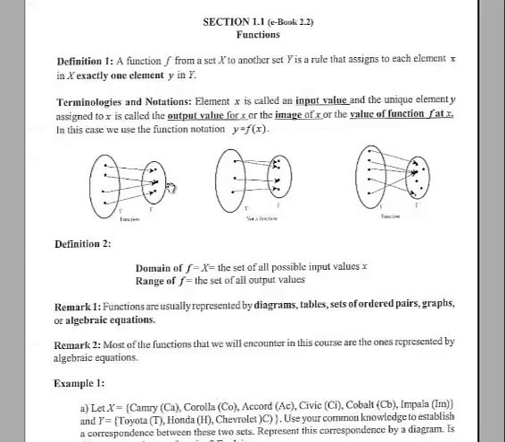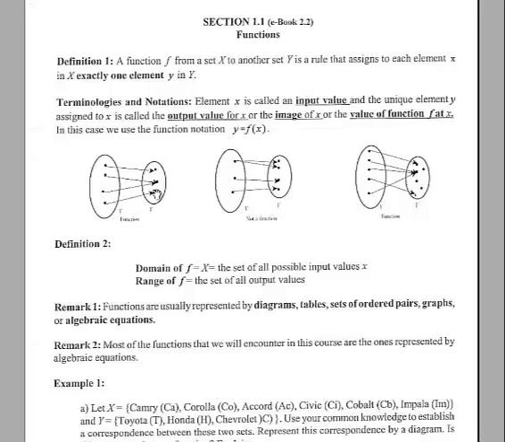They represent our two sets. The first one is our first set, our input, and the second one we can refer to as our output, or the range, or the image.